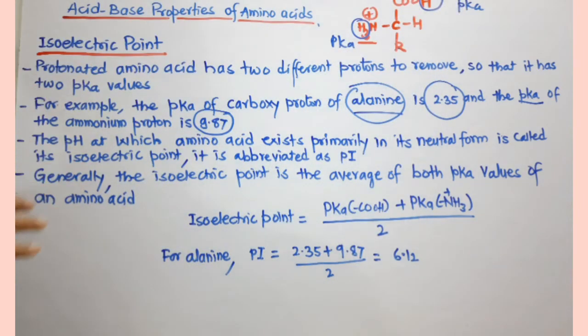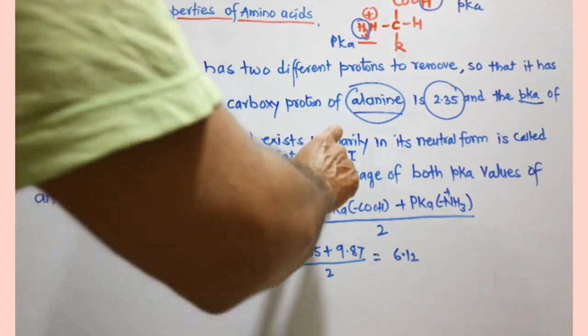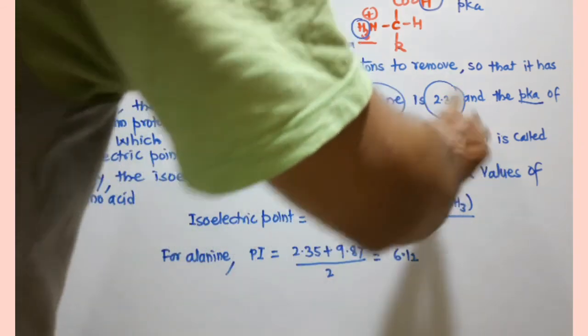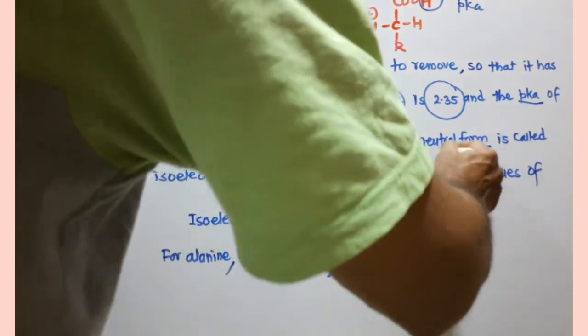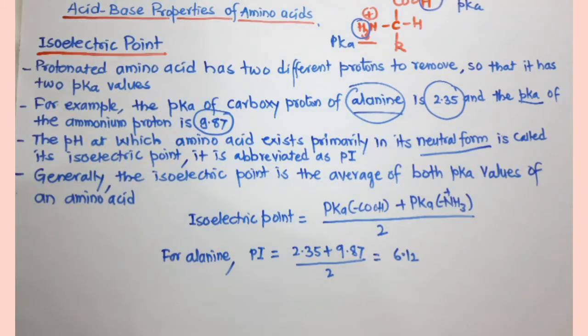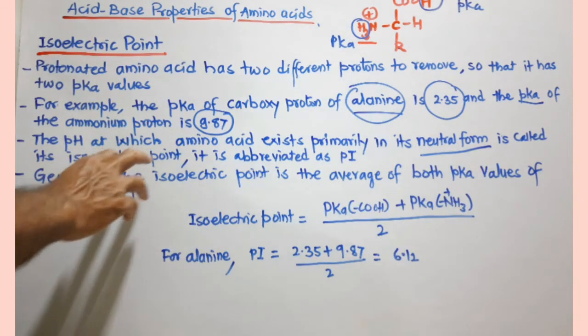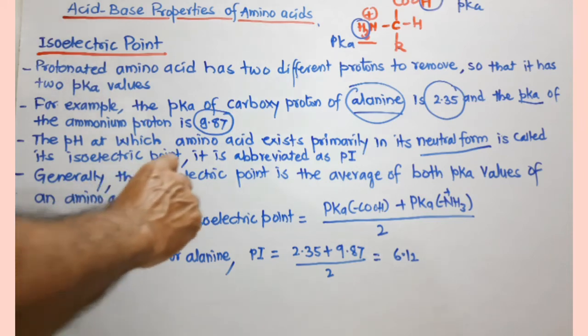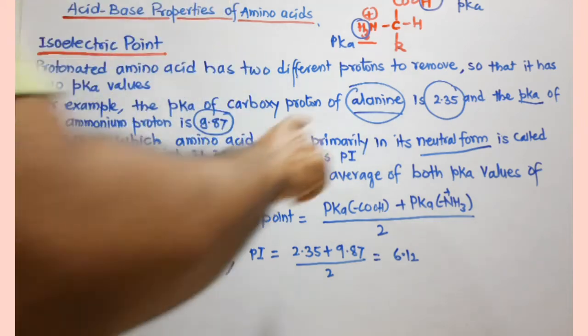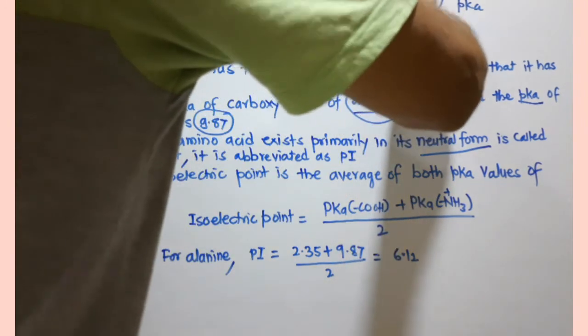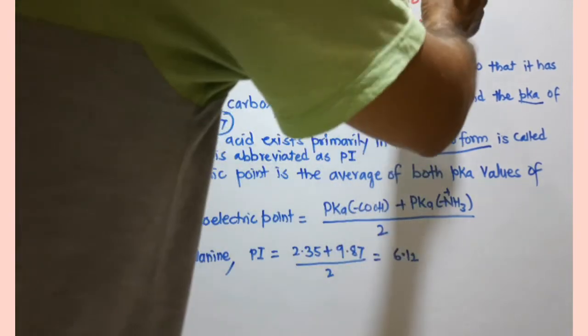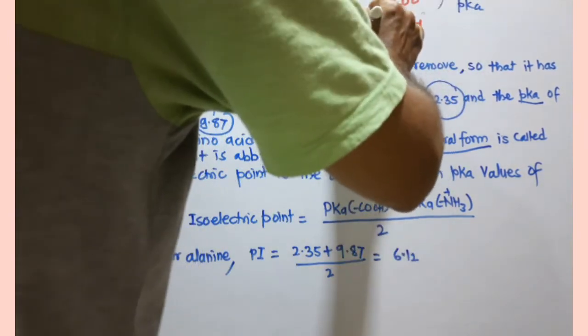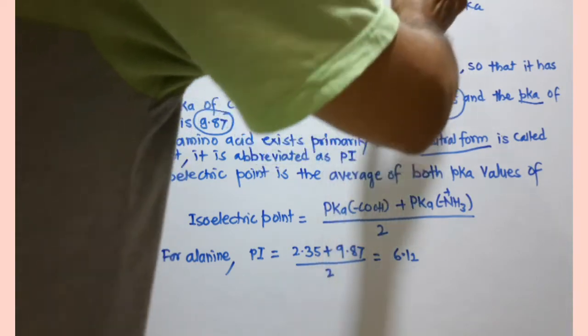Now, the pH at which an amino acid exists primarily in its neutral form, that is, as the zwitterion, is called the isoelectric point. Neutral form means there is a negative charge on the carboxylate and a positive charge on the ammonium, so the net charge is 0.